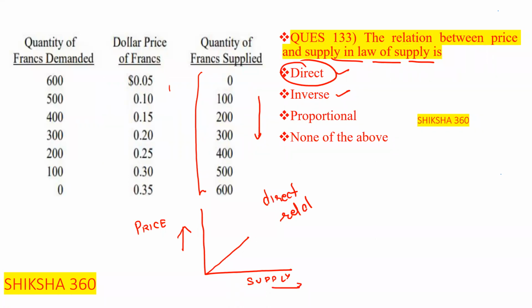So please be careful while answering the question. If they are asking about the quantity demanded, the price and the law of demand, or the demand curve, then as the price increases, quantity demanded is going to decrease, that is, they are inversely related.